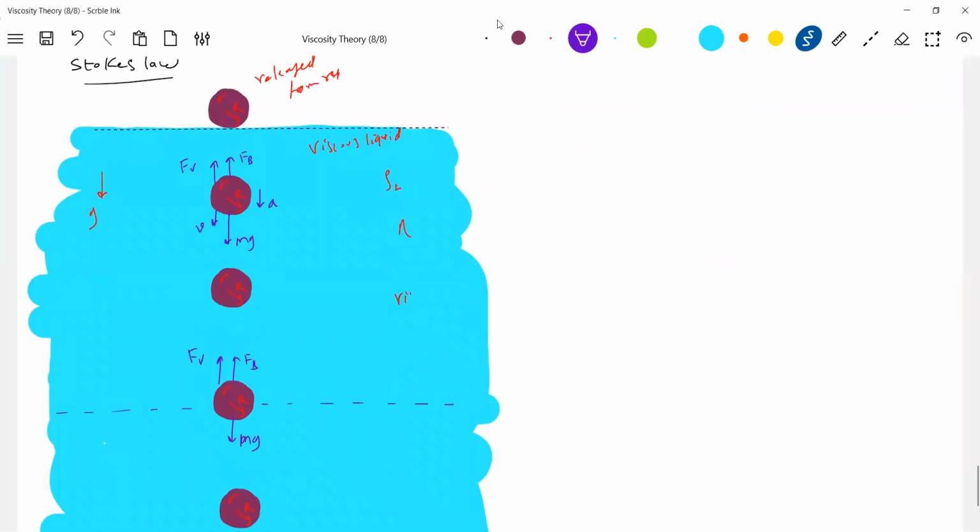At t equals 0, it was released here. It's simple mathematics, laws of motion, we know it. So if you come and check it, it will have velocity v1, acceleration a1, the viscous drag, and the buoyant force.